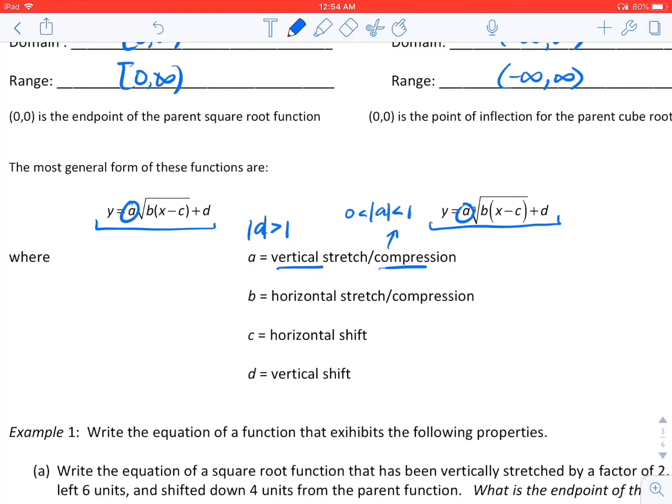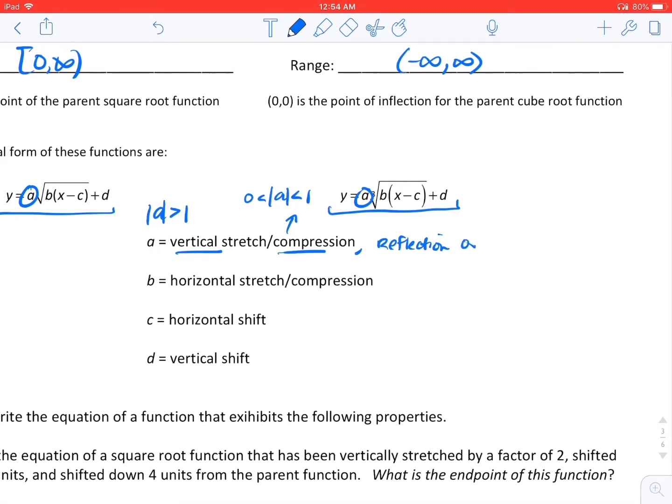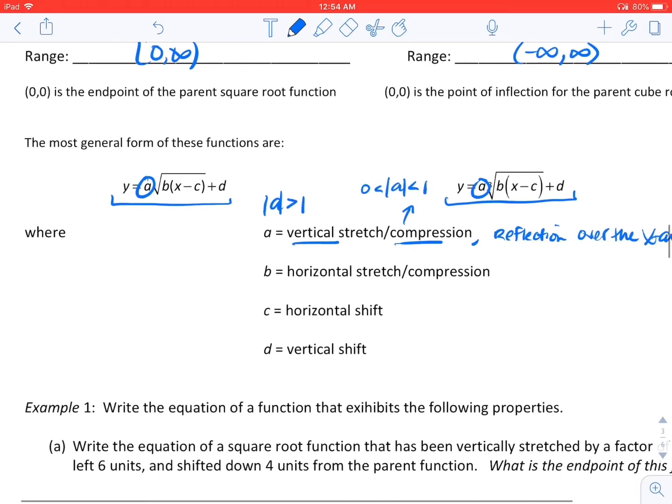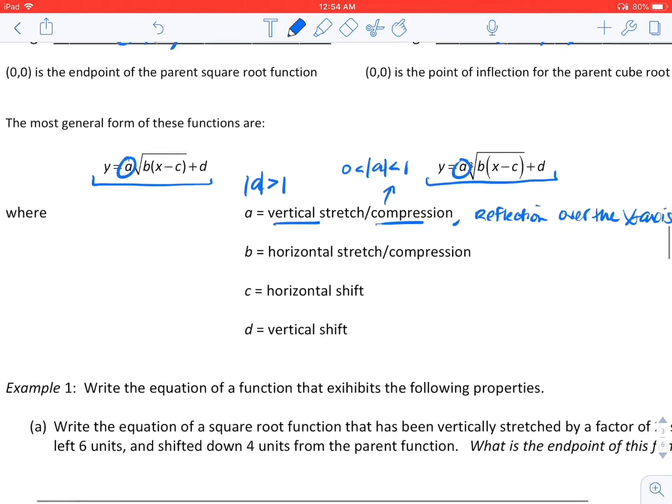It also tells us the reflection piece: if a is negative, then that graph is being reflected over the x-axis.